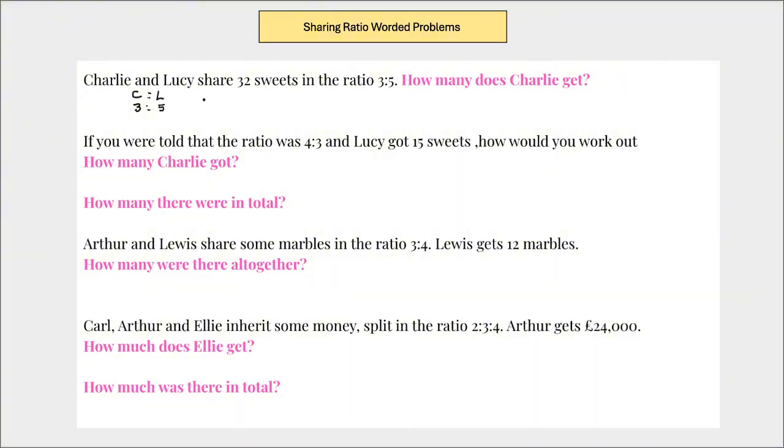So, parts. Let's work out the parts. So the parts are 3 plus 5 equals 8. So we know in total there are 8 parts. Now in total of the sweets, we have 32. So we have 32 sweets.